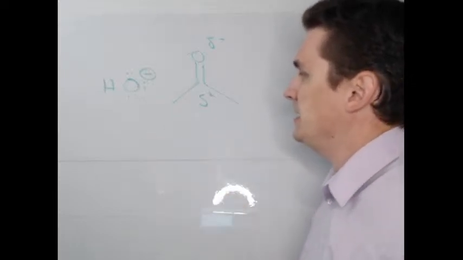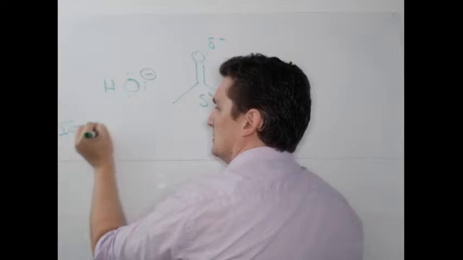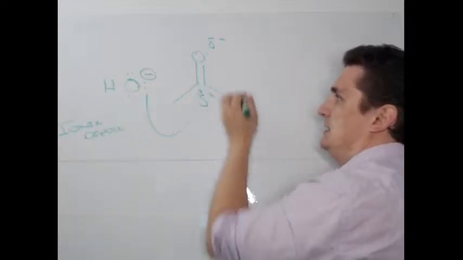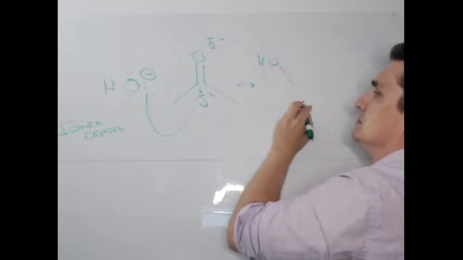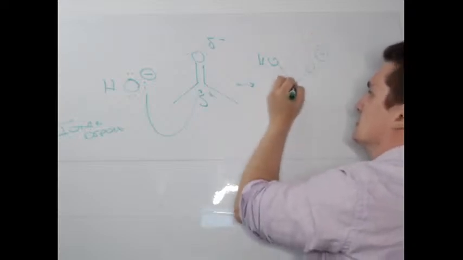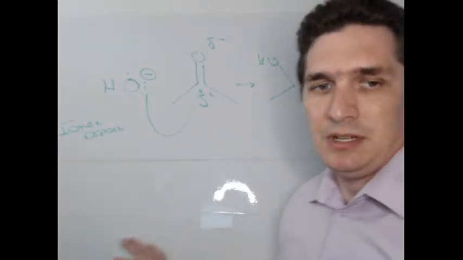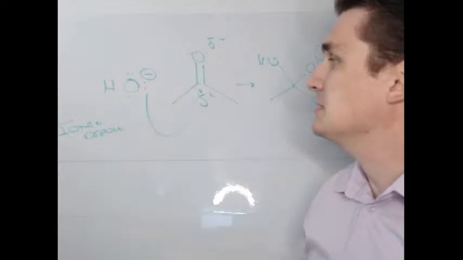So there is the ionic dipole here. But this hydroxide can also attack the ketone and give us an alcohol. That looks like that. So when we're considering intermolecular forces, we will ignore anything that makes or breaks bonds.